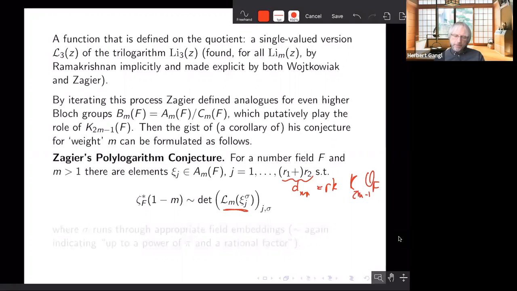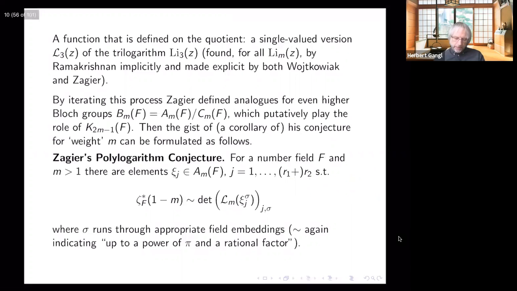And sigma runs through all the appropriate field embeddings, depending again on parity. Either it's R2 complex embeddings without complex conjugates, so avoiding complex conjugates, or taking those together with their real embeddings, depending on the rank, what Borel's rank computation tells us.